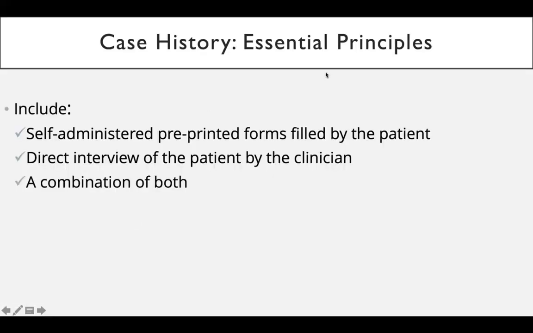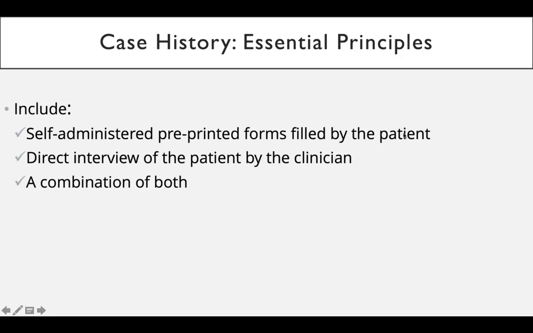Okay, so now some essential principles, which include self-administered pre-printed forms filled by the patient and direct interview with the patient by the clinician. So you can make some handouts. For example, patients are waiting in the waiting room and you are with another patient.